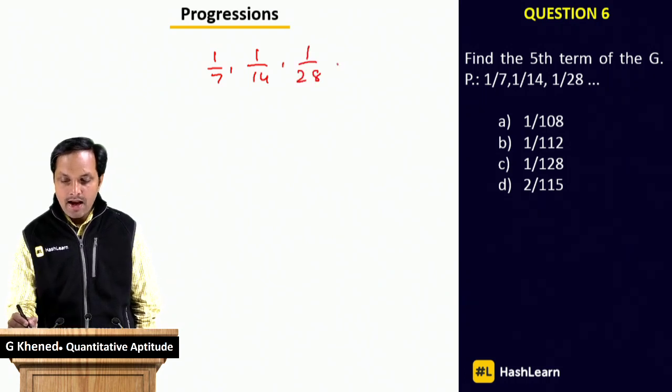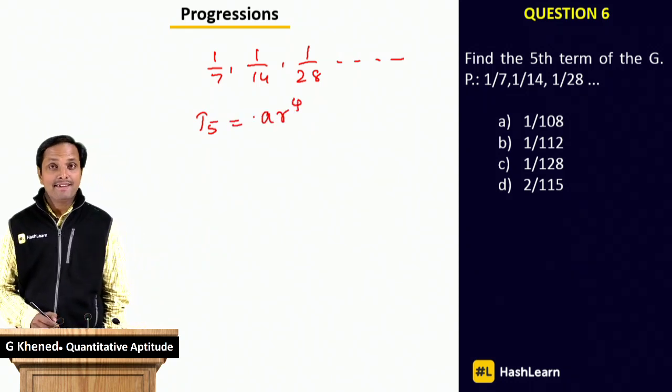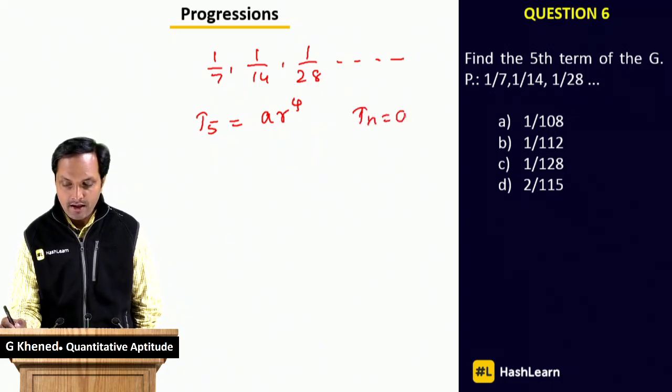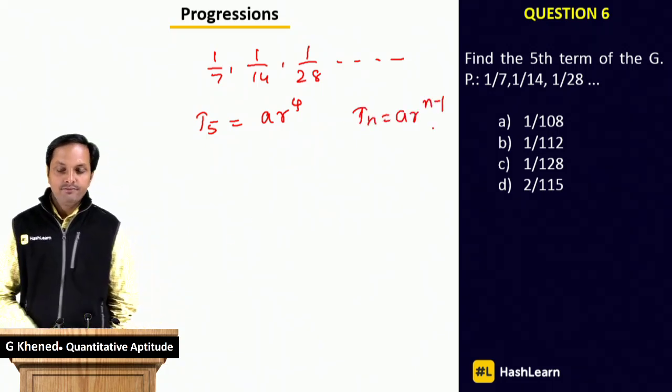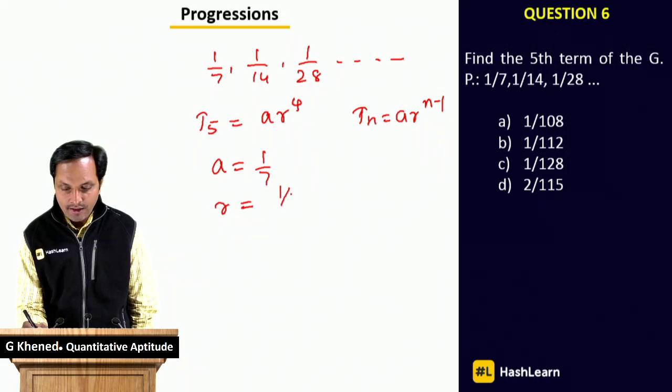When they ask you the fifth term, directly you should say a r to the power 5 minus 1, that is 4. Fifth term is a r to the power 4. Nth term is a r to the power n minus 1. What is a? First term, 1 by 7. What is r? Common ratio, term divided by the preceding term.